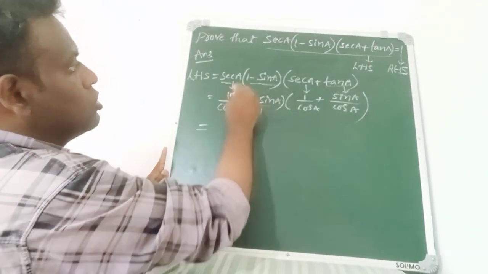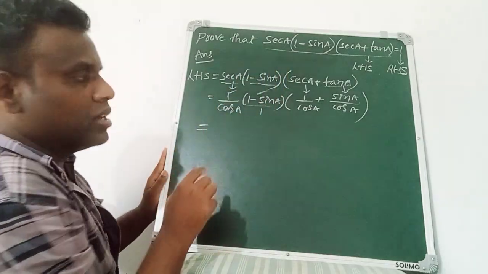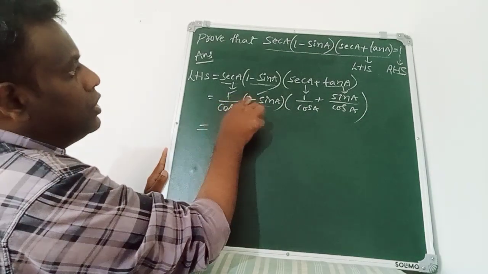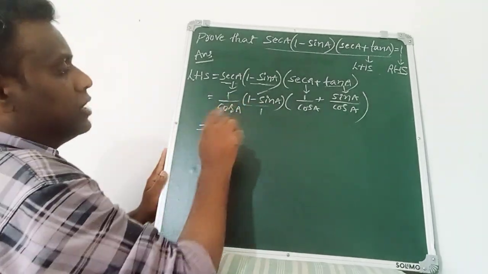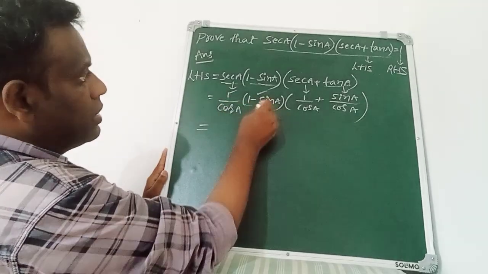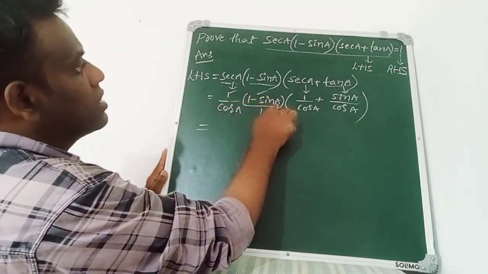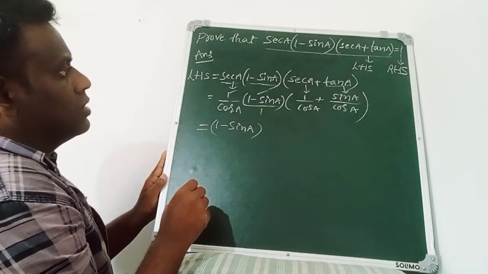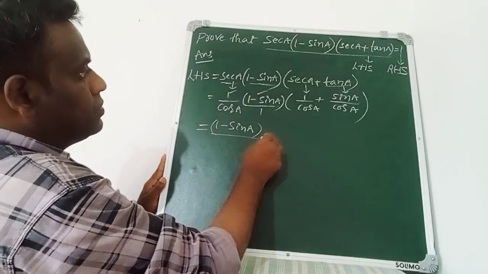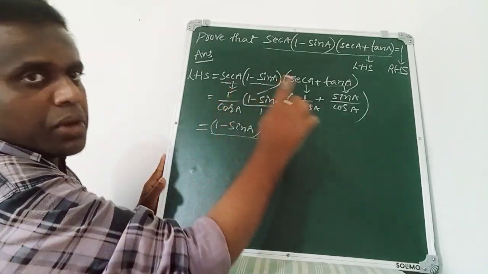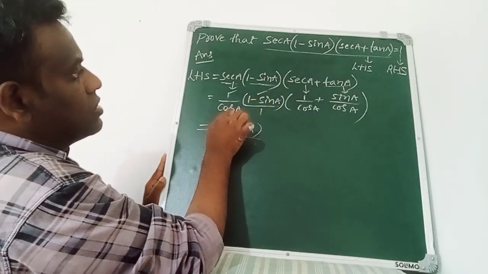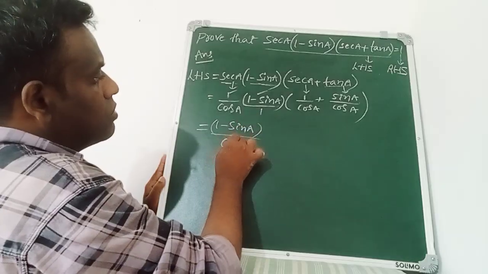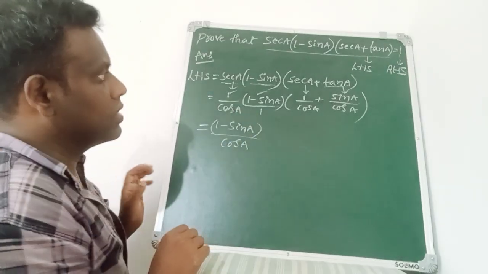Multiply the numerators separately: 1 into (1 minus sin A). 1 into anything we will get the same thing, so we get 1 minus sin A only. Now this line. Next, the denominators: cos A is there, here 1 is there. Cos A into 1, we get cos A only. Okay.